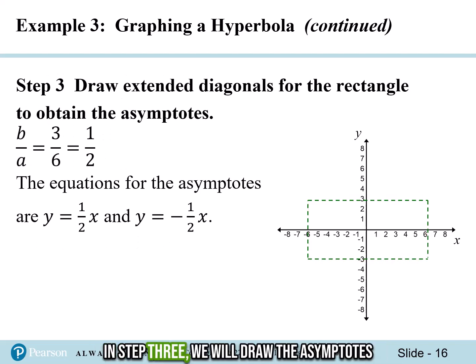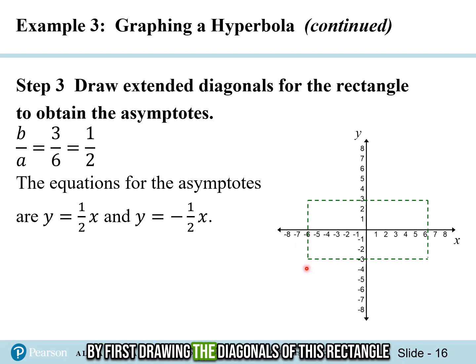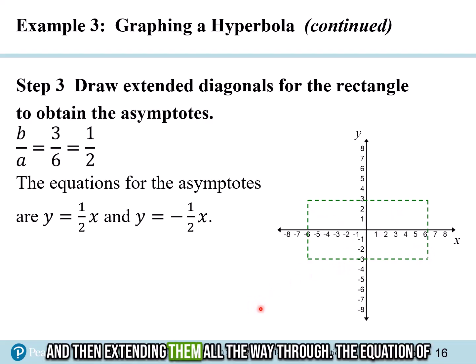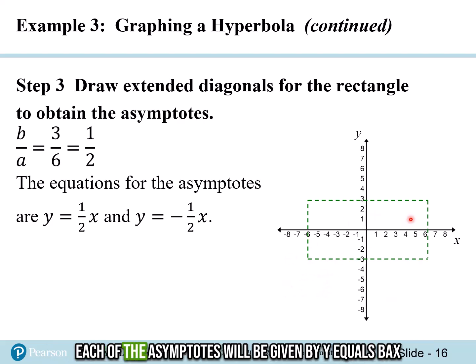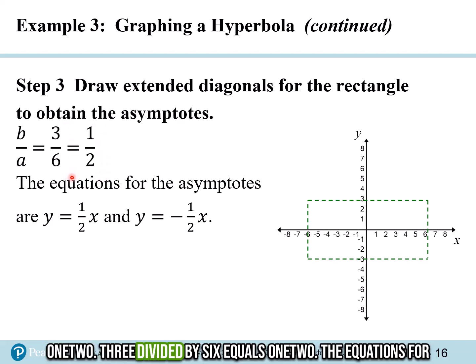In step 3, we will draw the asymptotes by first drawing the diagonals of this rectangle and then extending them all the way through. The equation of each of the asymptotes will be given by y equals b over a x. B had a value of 3, a had a value of 6, which gives us 1/2. 3 divided by 6 equals 1/2.